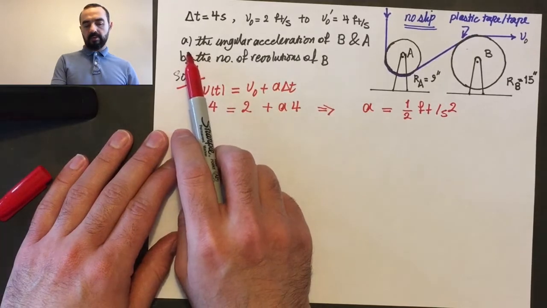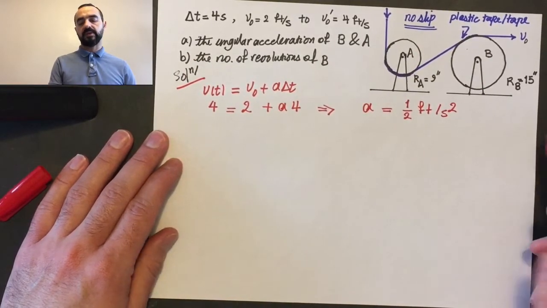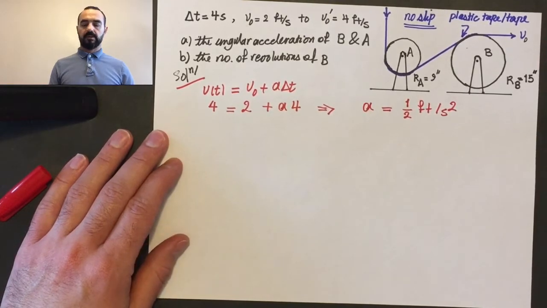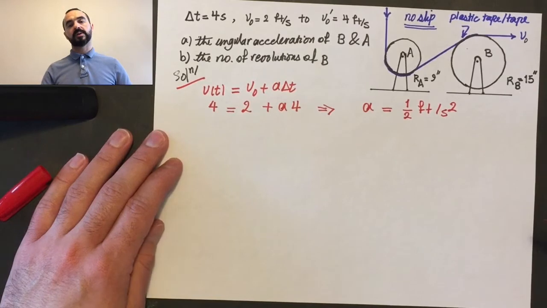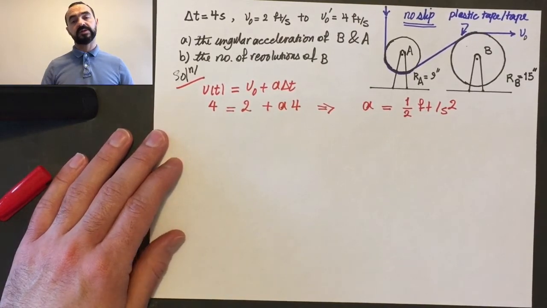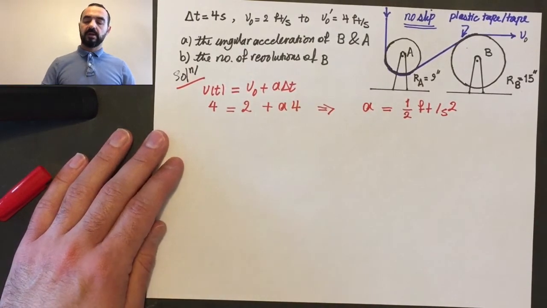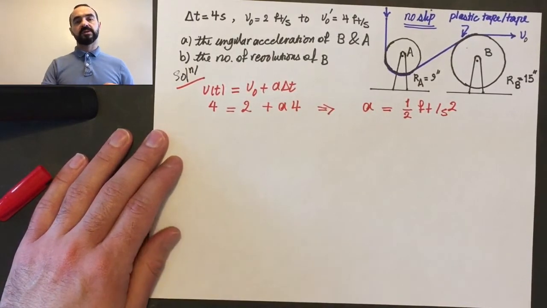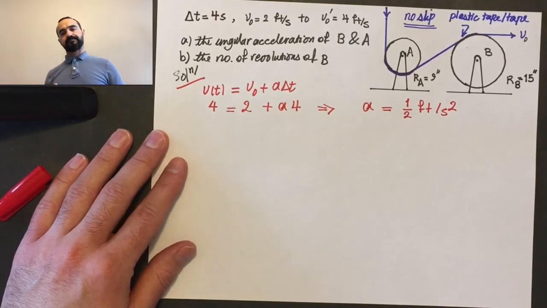Now, the problem asks us to compute the angular acceleration of B and A. Think about it this way. When we talked about acceleration in a rotating frame and rigid body rotation, we said that the acceleration of any point in a rigid body has 2 components.